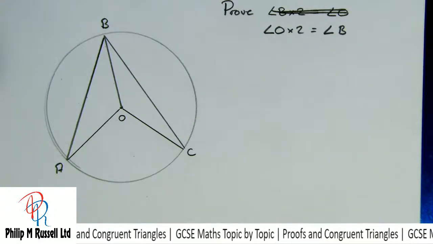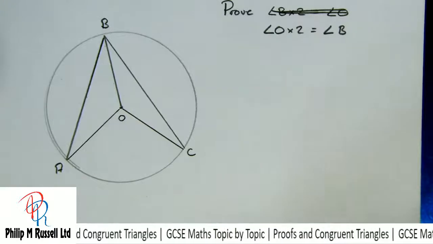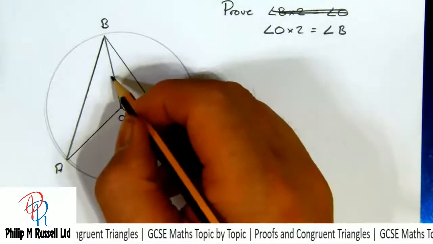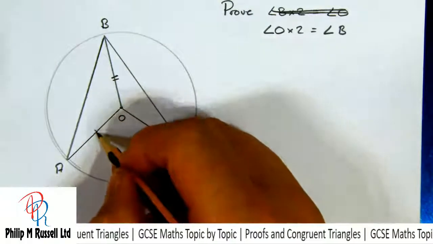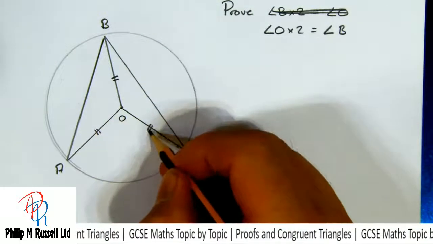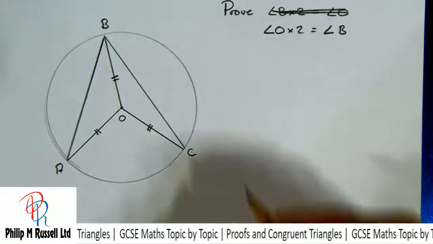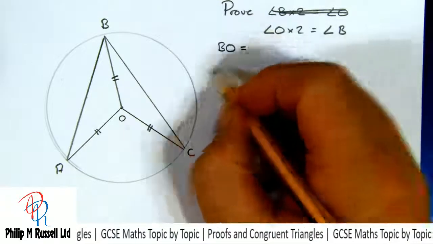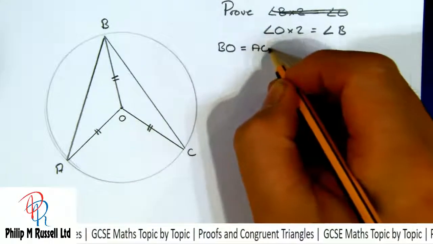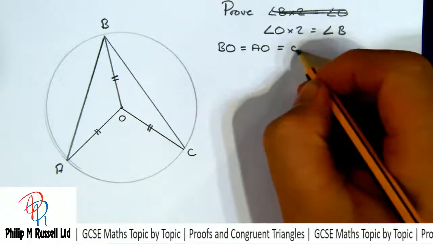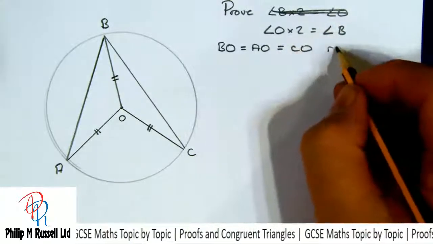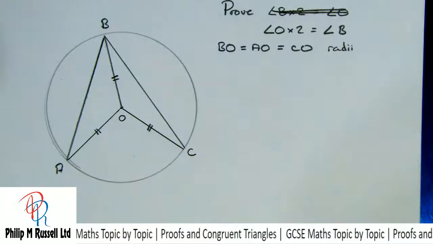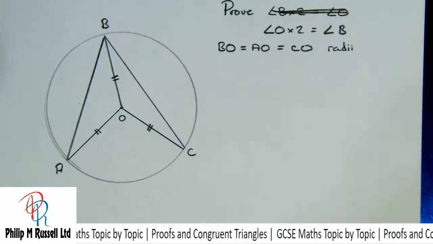Alright, so let's see what we know before we start. I know that this line equals this line equals this line. So I know that BO equals AO equals CO, and that's because they are all radii. Right, so that's a good place to start.